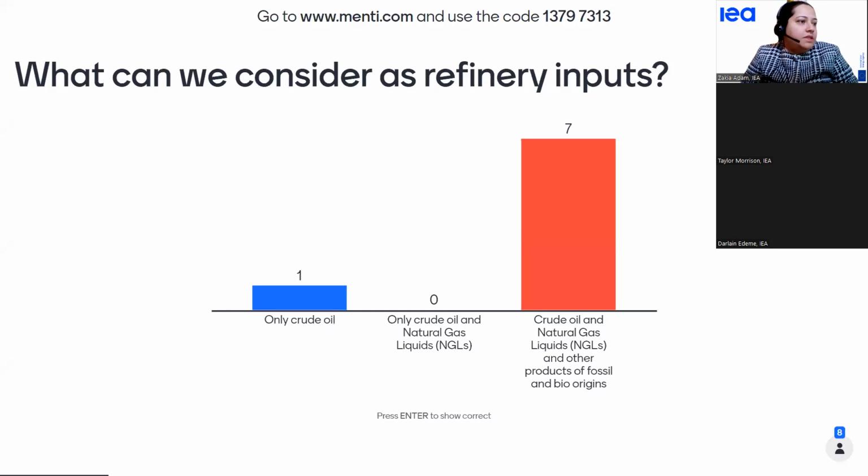So we have 8 participants that have replied. One said that we can only input crude oil, and 8 said you can put crude oil, natural gas liquids, and also other products of fossil and bio origins. So let's look at the right answer.